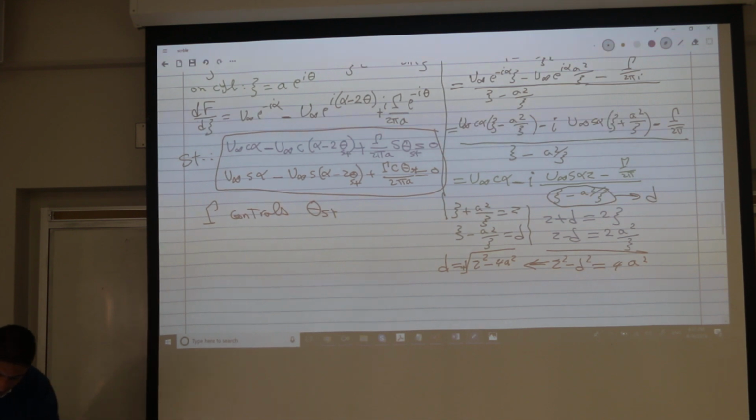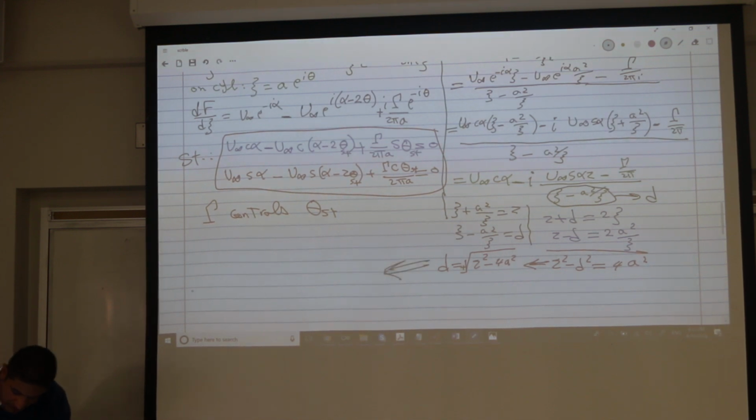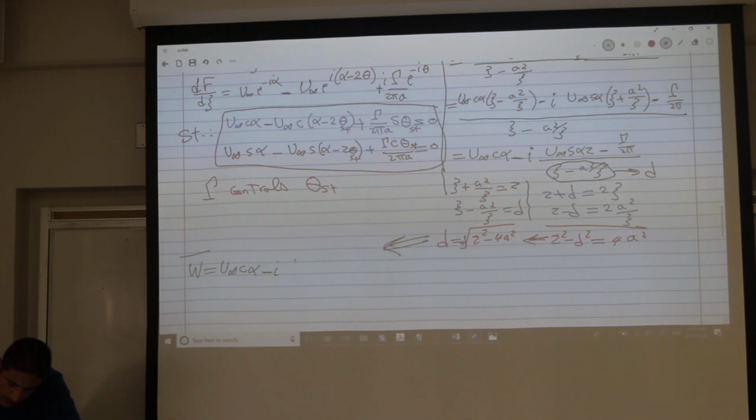So actually, here is my complex velocity: u infinity cosine alpha minus I u infinity sine alpha, minus gamma over 2 pi divided by the square root, plus or minus, of z squared minus 4a squared.